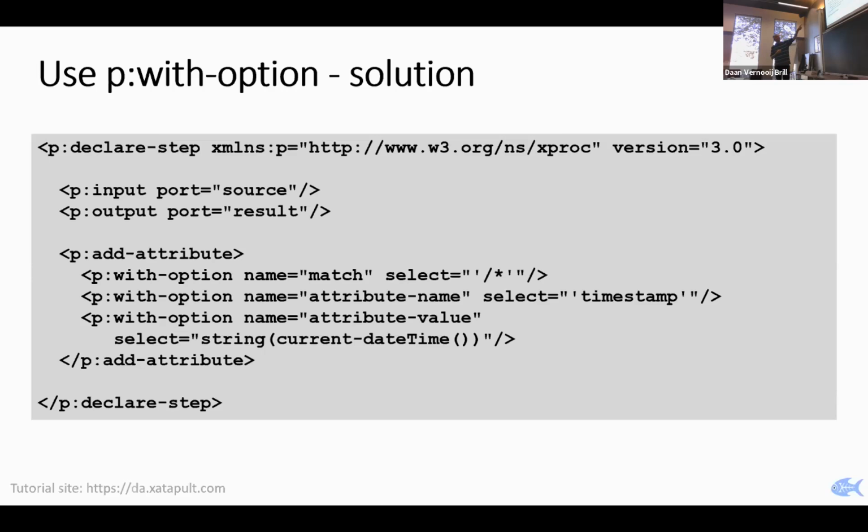One of the interesting things is that the attribute value thing is a string, so you actually explicitly need to cast the current date time to a string to make it work. Otherwise, you will get a type error in your pipeline. Probably you've seen it.